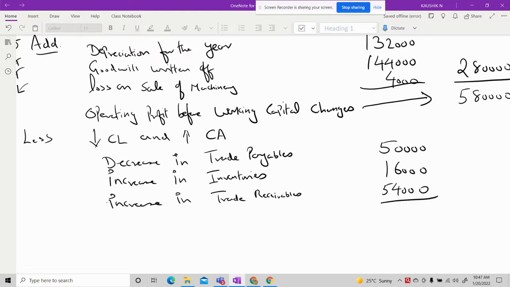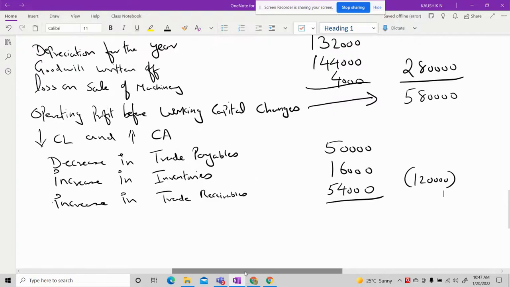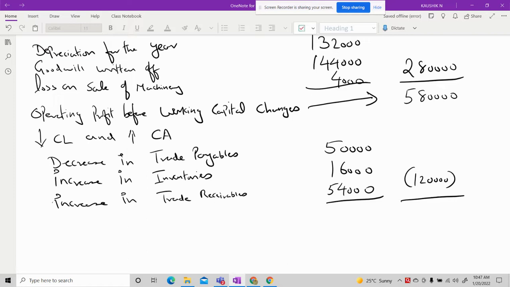When you add all this, you will be getting an amount of rupees 1,20,000, but that should be subtracted. So 1 lakh 20,000, I need to subtract from the value of rupees 5 lakh 80,000. This will give me a net total of rupees 4 lakh and 60,000. So this gives me a positive figure, 4 lakh 60,000. Am I making it clear to you?